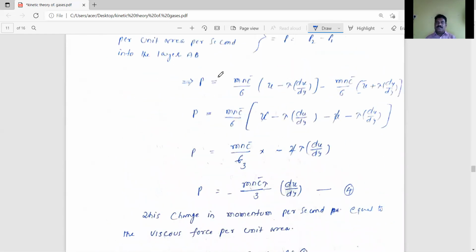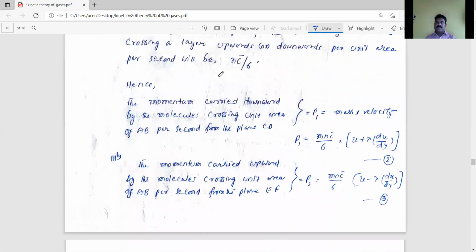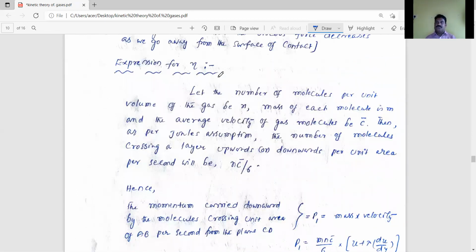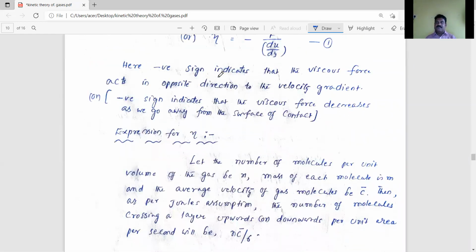You know what is viscosity? It is a transport phenomenon that will happen whenever the gaseous system is not in thermal equilibrium. Due to that, there are some differences in the velocities in different layers.